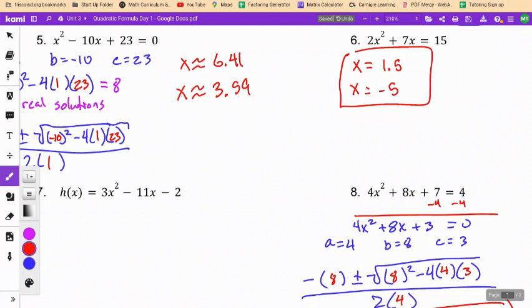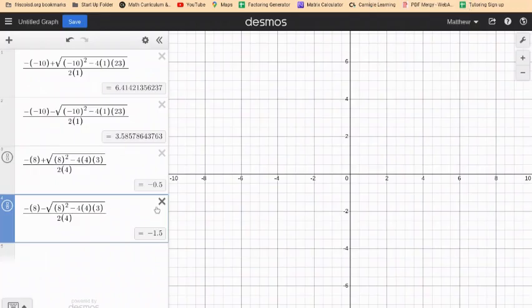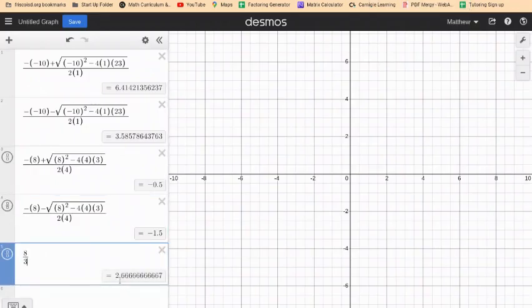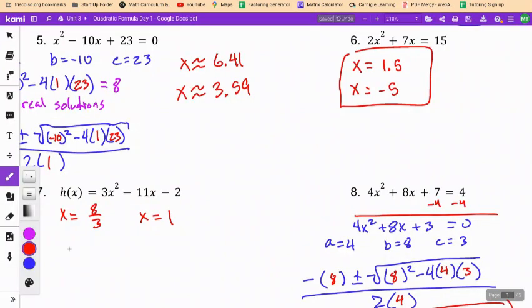And for number 7, we should get a final answer of 8 divided by 3 and 1. 8 divided by 3 is the decimal 2.6 repeating, but I just left it as that. All right, so see if you guys can finish these notes and get those two as an answer.